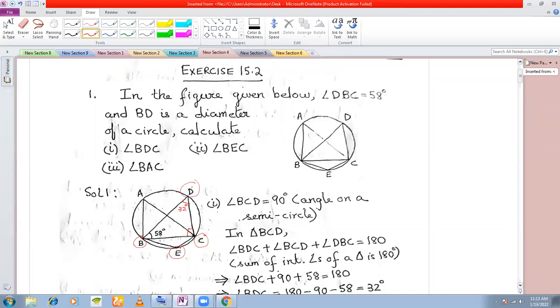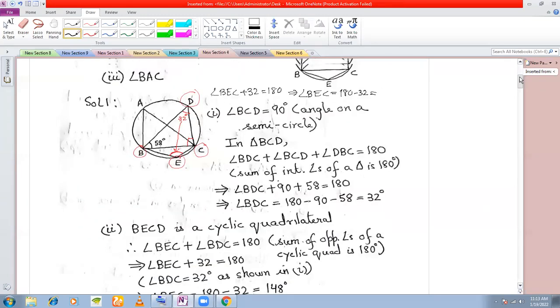That means this 32-degree angle that we have found, sum of this angle and this angle, the unknown angle that we need to find, must be equal to 180 degrees. So you must have angle BEC plus 32 equal to 180. So angle BEC is 180 minus 32, which is equal to 148.